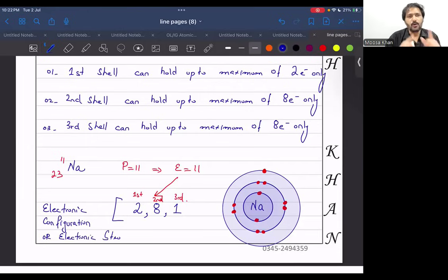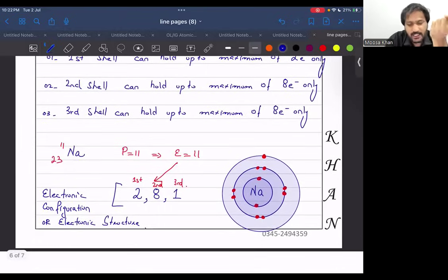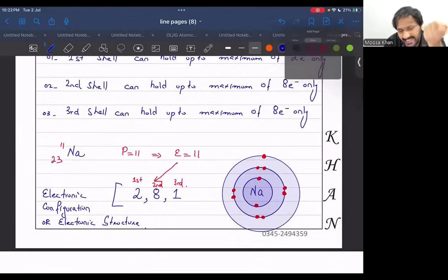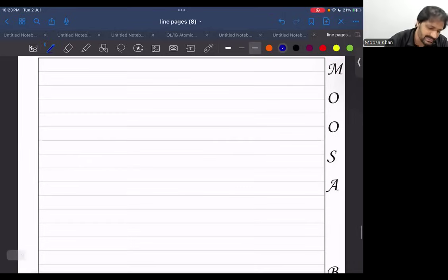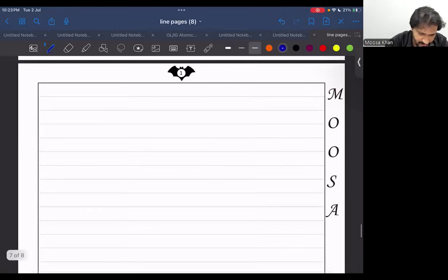From the periodic table, you are only supposed to make the electronic configuration of the first 20 elements. You have to make the electronic configuration of only those elements which have 20 or fewer electrons. If you see the periodic table, let's say periodic table पे बना लेते हैं.